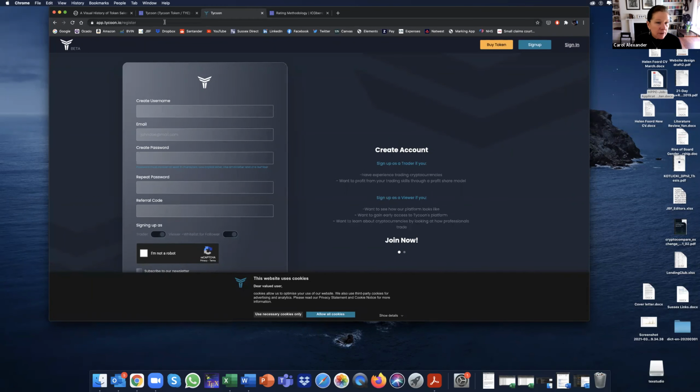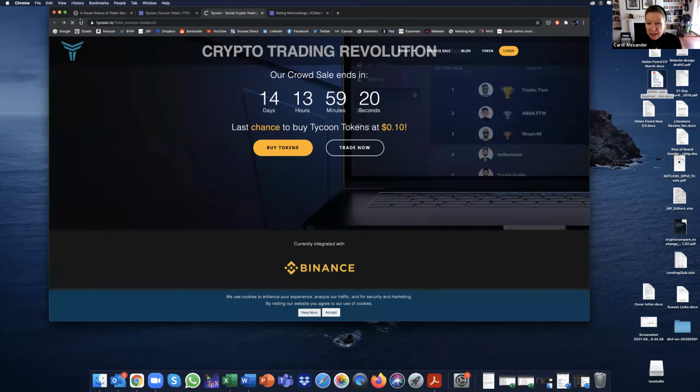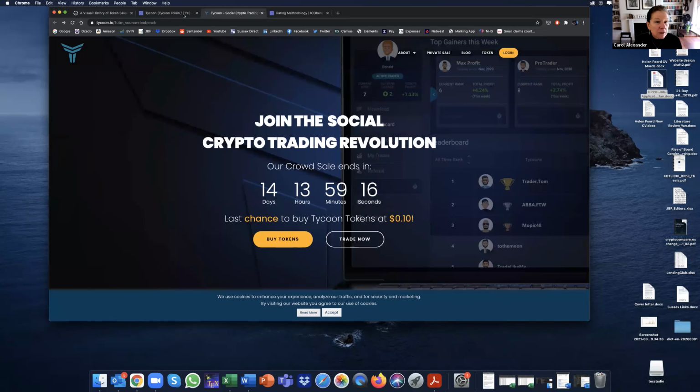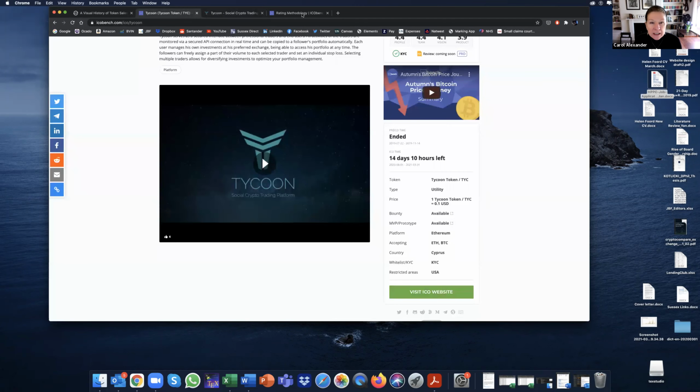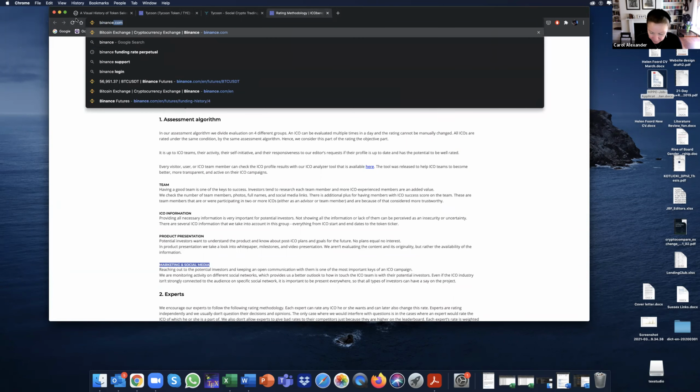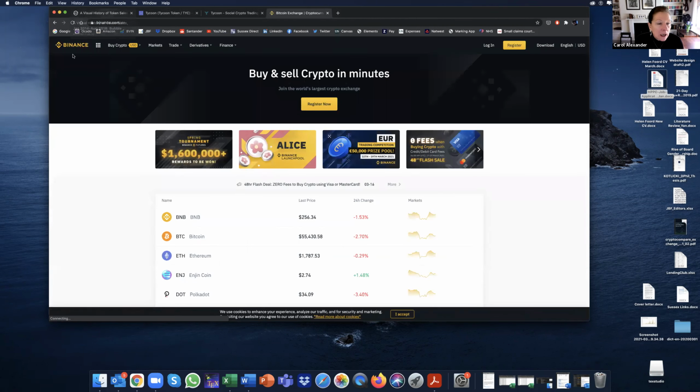Okay, so no, that's just the Tycoon page. Anybody can look at Binance, but what is the coin called? TYC. So if I just have a quick look at Binance and see if I can find it.